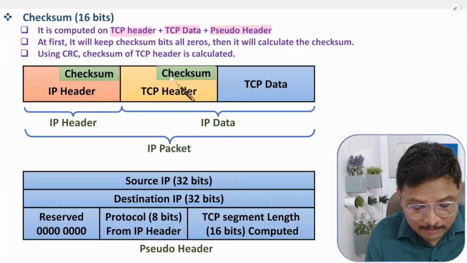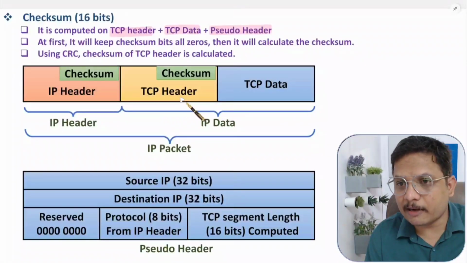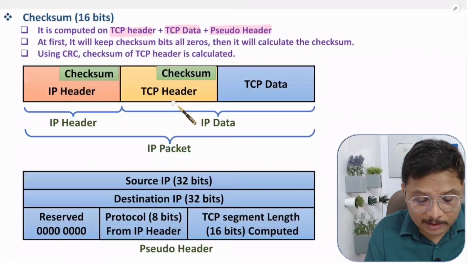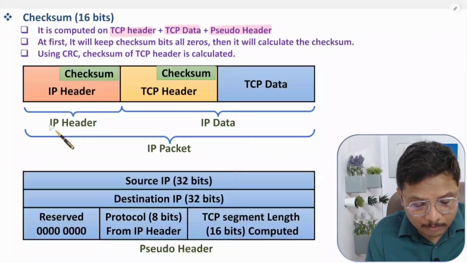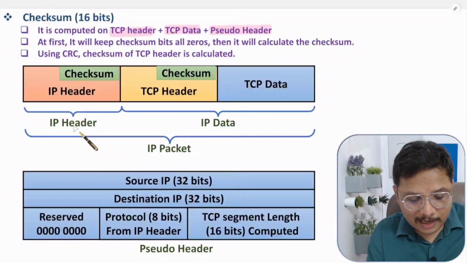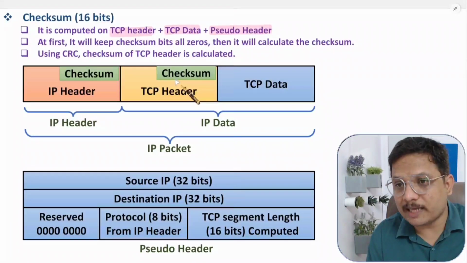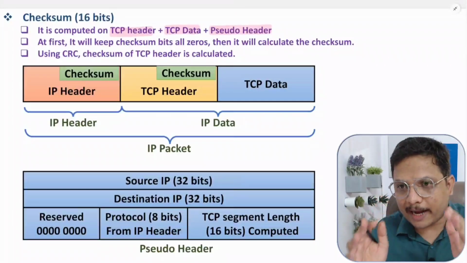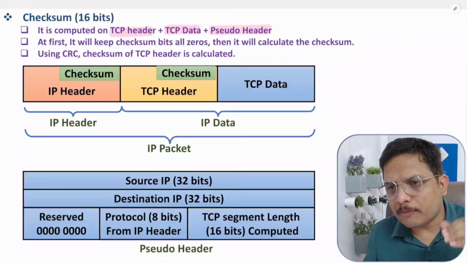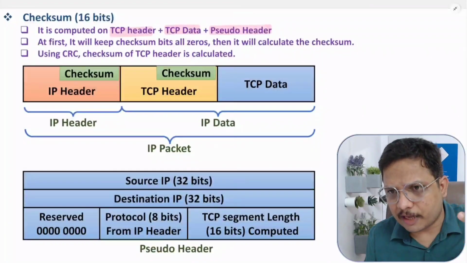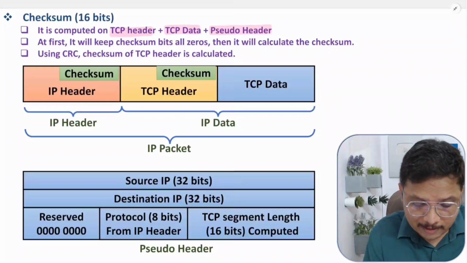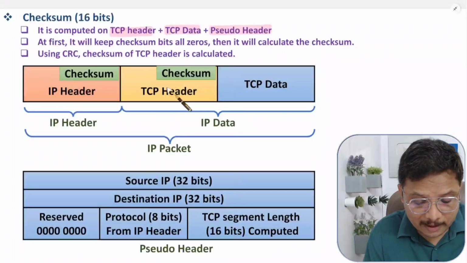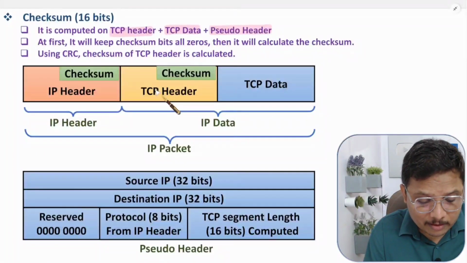Now the checksum that we calculate here with the TCP header is based on the TCP header, TCP data, as well as this pseudo header which is computed from the IP header. So we have 2 checksum calculations for the complete packet, and we do it to make sure our transmission is error free, right?